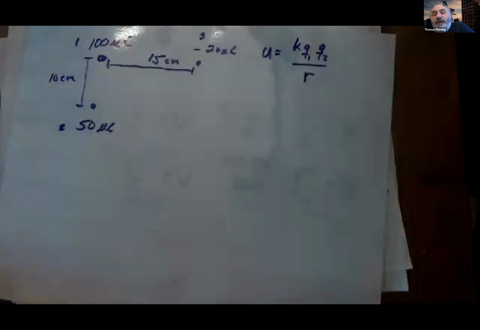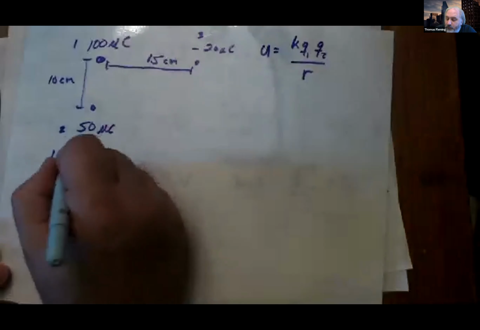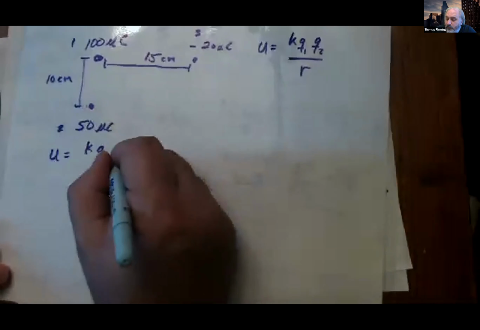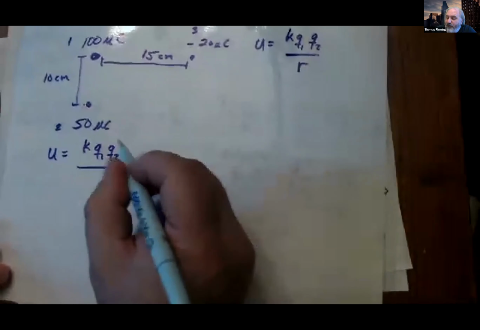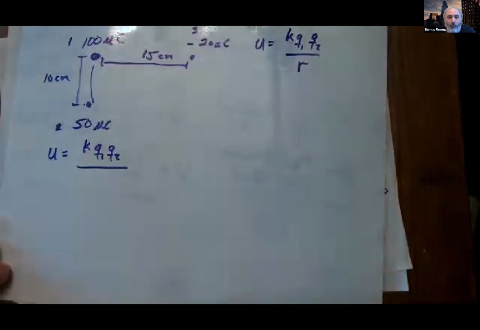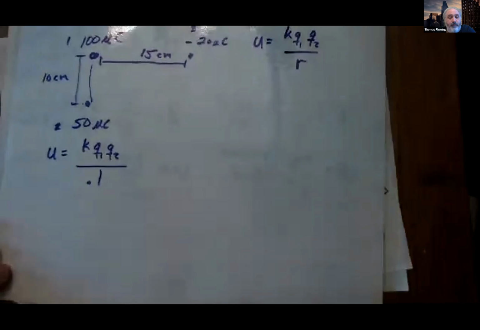And so the amount of work that would take just to put him and him next to each other would be K times Q1 times Q2 divided by how far apart they are at the end, but they're going to finish with an R of 0.1 meters, or 10 centimeters. That was easy.